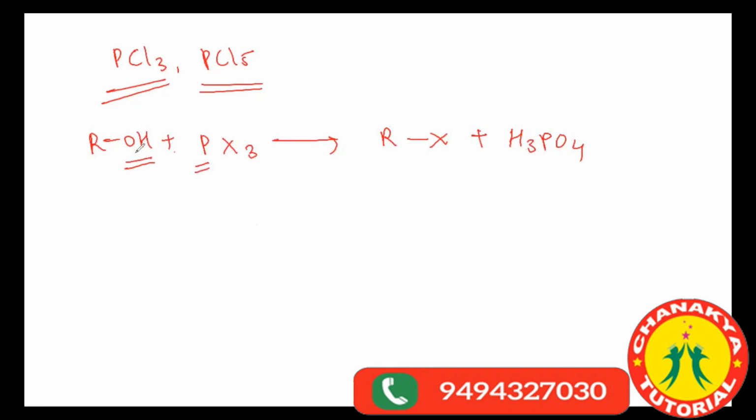Here, how many? 3 hydrogen. Here only 1. So I need to multiply it by 3, correct? And 3 alkyl groups are here. Here only 1. This also needs to be multiplied by 3. And when you multiply by 3, obviously your X's automatically get balanced. Correct? Where your X would be either chlorine or bromine. Fine.